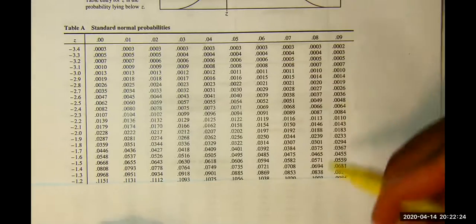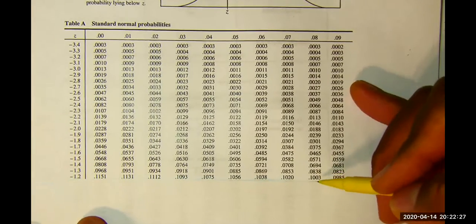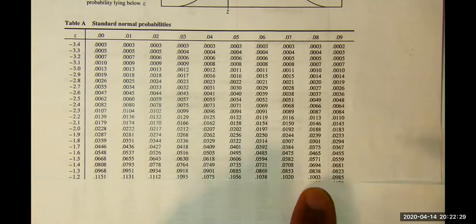Negative 1.28. And they're like magic, negative 1.28 is 10%. So that's where 10% is to the left of that line of demarcation, that stake in the ground, and 90% would be to the right.